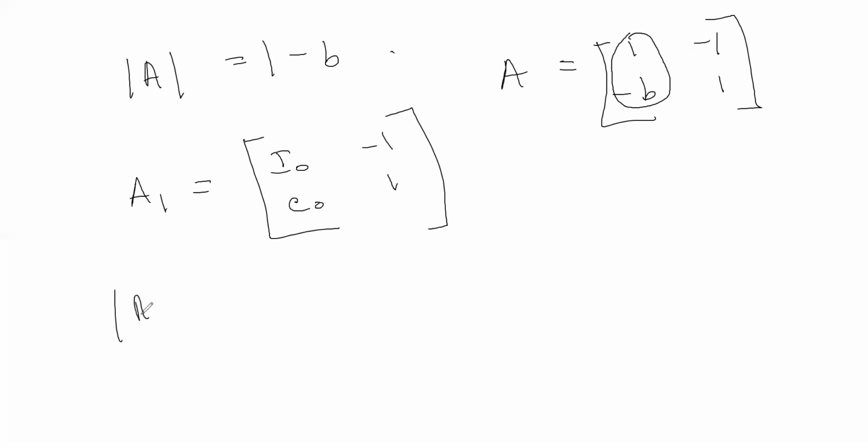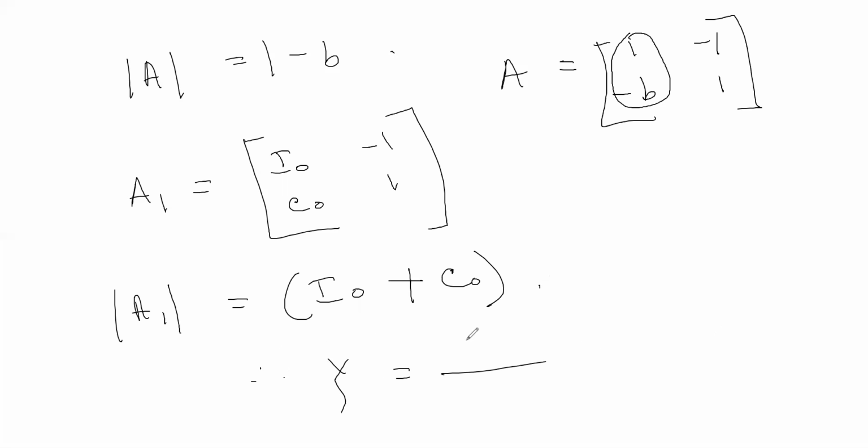If you identify the determinant of A1, you will get I naught plus C naught. So this is your A1, and in that case your y is equal to the determinant of A1 by the determinant of A, which is equal to I naught plus C naught divided by 1 minus b.